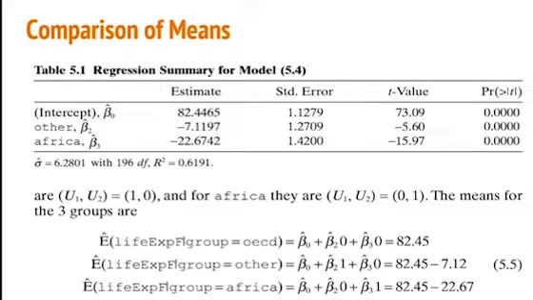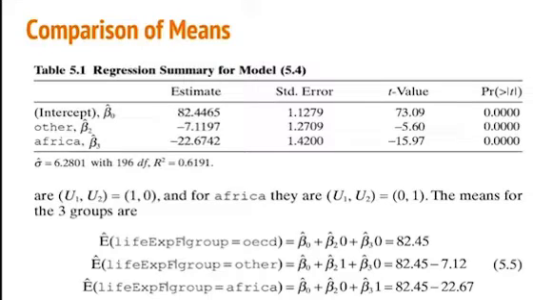In the table we have an opportunity to look at the difference between beta naught and beta 2, and between beta naught and beta 3, but we did not have the opportunity to look at the difference between beta 2 and beta 3. That is not on the board.